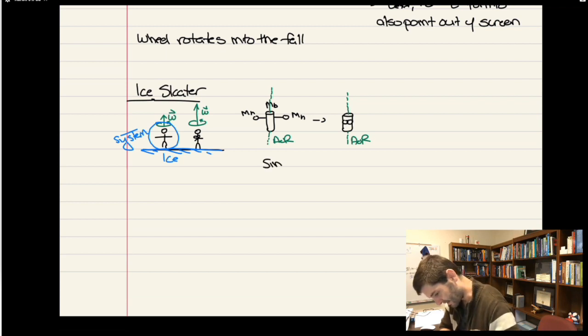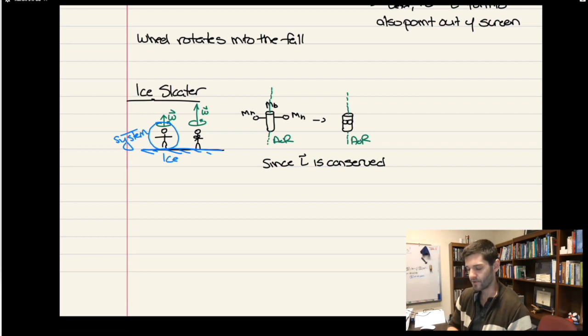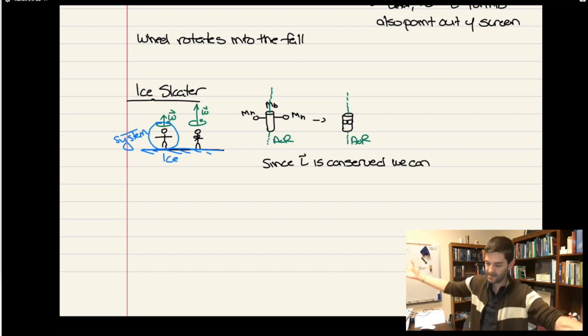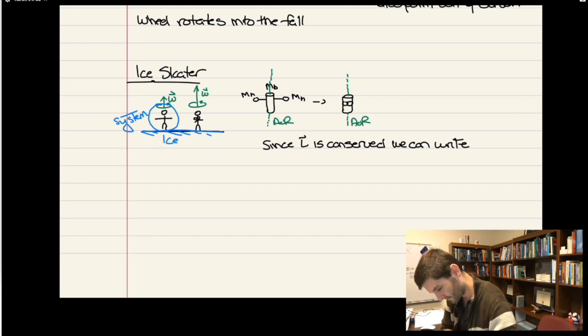And the idea is that when they then bring their arms together, they have moved the hands that I'm representing just as point particles inside, closer to the rotation axis. And this is the axis of rotation.